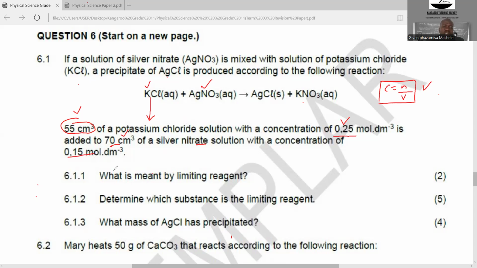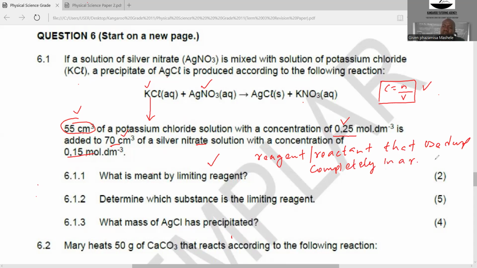Right, then the question says, what is meant by a limiting reagent? A limiting reagent is a reactant that is used up completely in a chemical reaction.